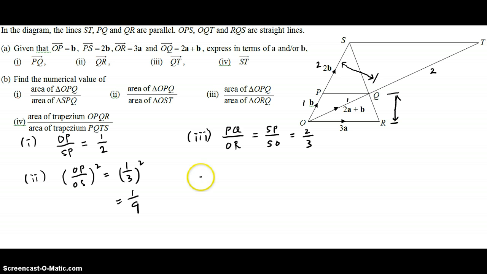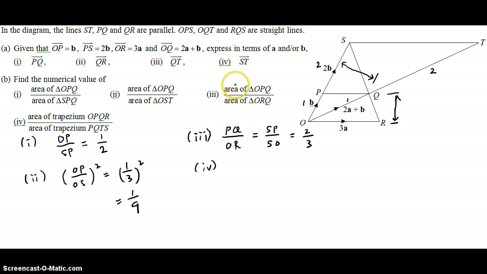Okay? Now we come to the last part here. Okay, to find the area of the trapezium OPQR, this whole thing here, and PQTS. So you are comparing two trapeziums. So first you need to do some planning. First you can break down the trapezium of this into two, right?